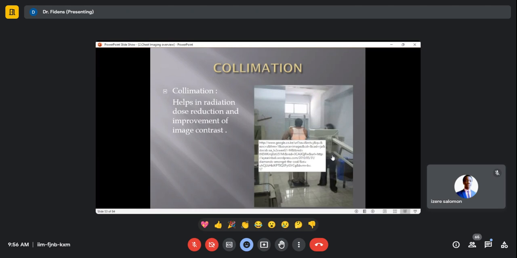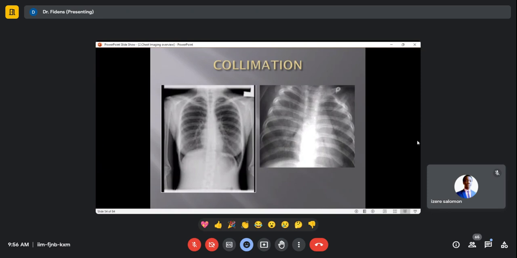For example, let me show you. The next image. Can you see, for this first image, they are trying to do a chest radiograph. But look, they have gone far down to the abdomen. This is very long.